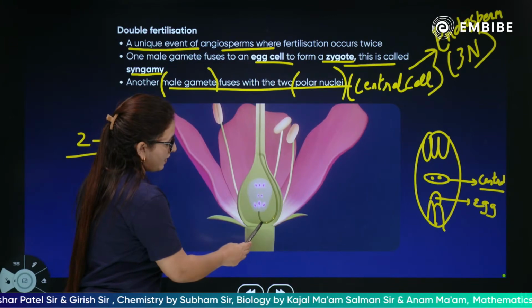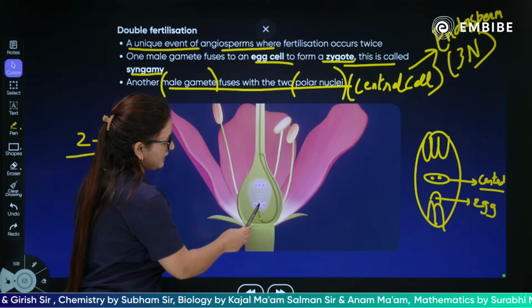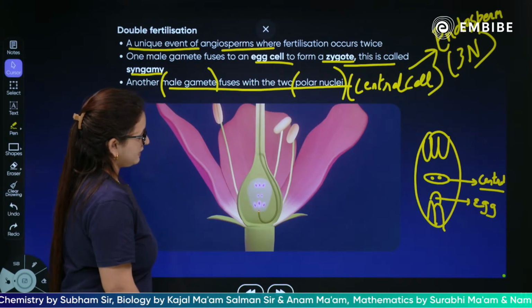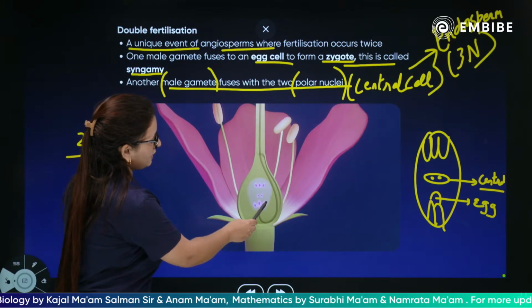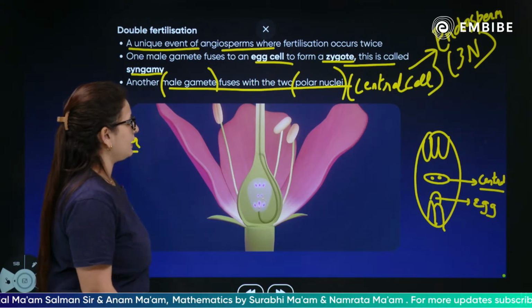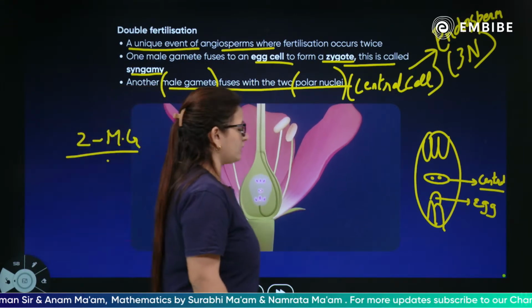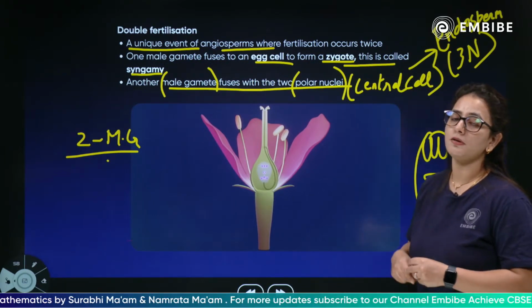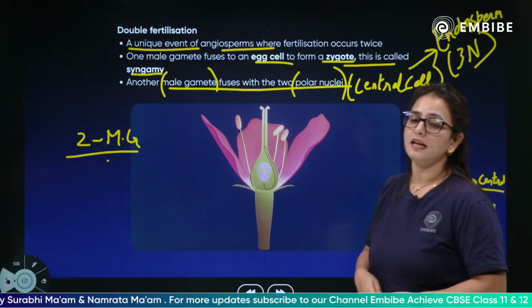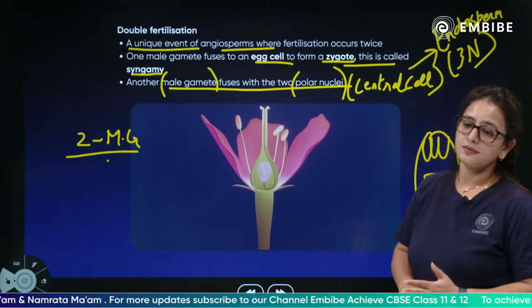Clearly, one will go and fuse with the egg cell, and the other one is going and fusing with the polar nuclei. Absolutely a clear depiction of how double fertilization takes place. Clear?